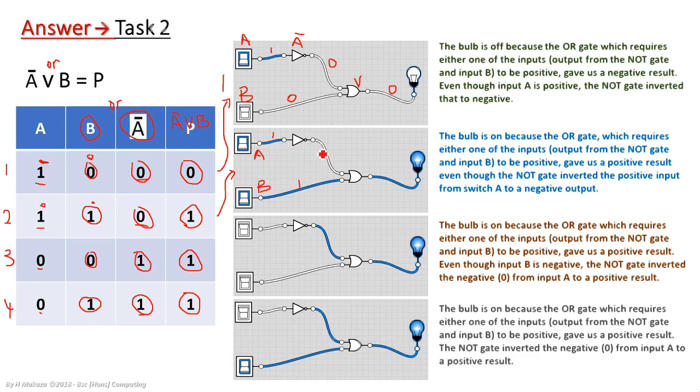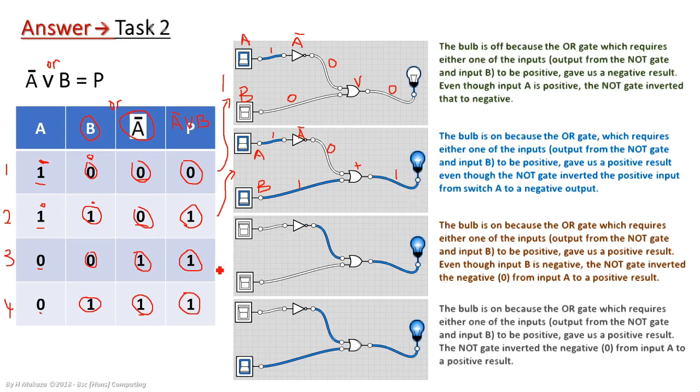The NOT gate is going to change this one to a 0, because that's a NOT A. So when they go through the OR gate, this time let's use a different sign, which is a plus. The OR gate expects one of them to be on. Because B is on, the OR gate is going to give us a 1, hence lighting up the bulb.